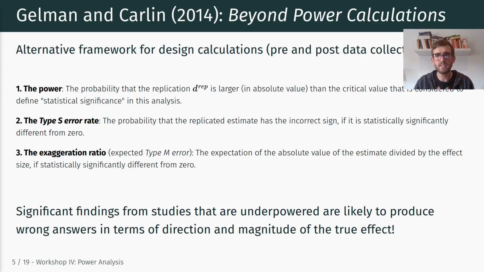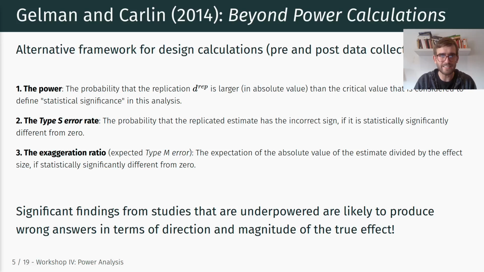And it's a common misconception that if you happen to find statistical significance with low power, you have achieved something really impressive, because even though your power was so low, you still found something significant.